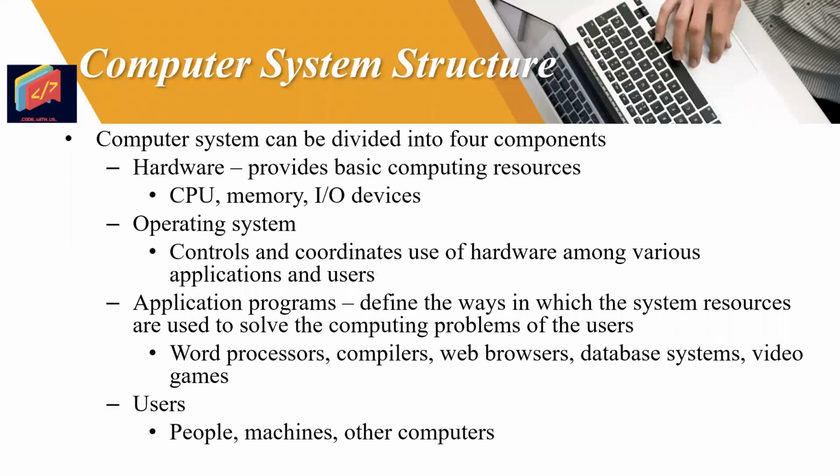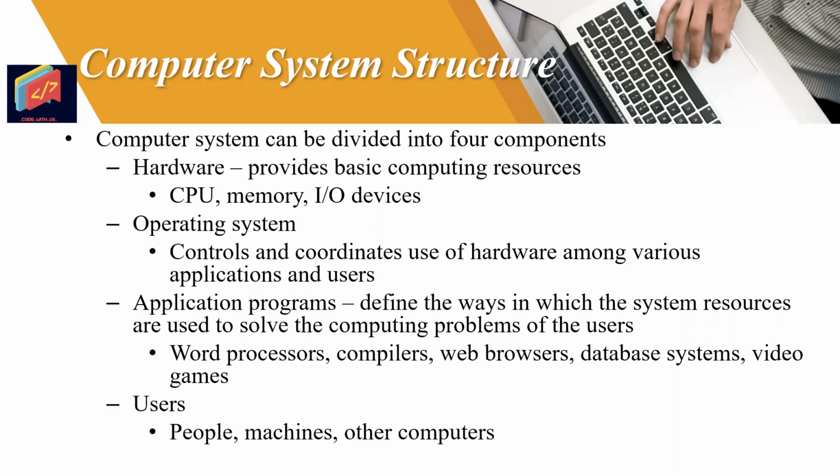So coming to the computer system architecture, the computer system is divided into mainly four components: hardware, operating system, application programs, and users. Coming to the hardware, we have CPU, memory, and IO devices.